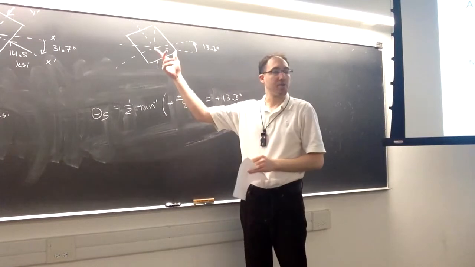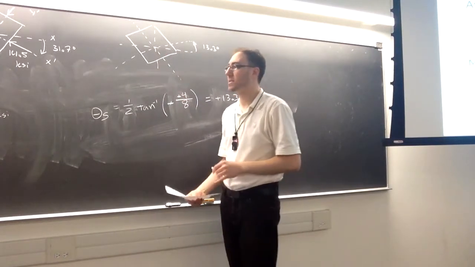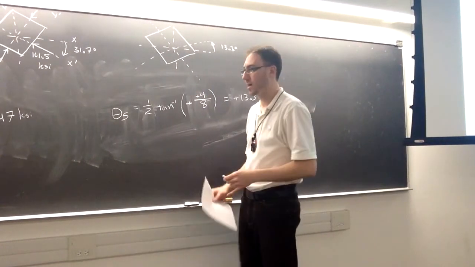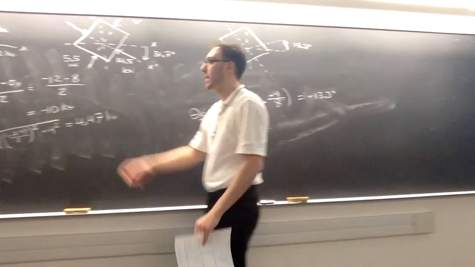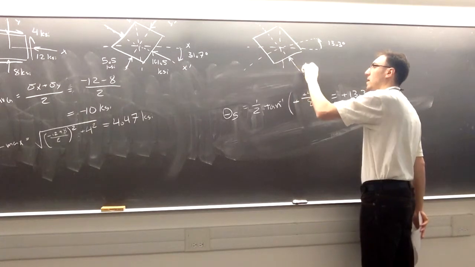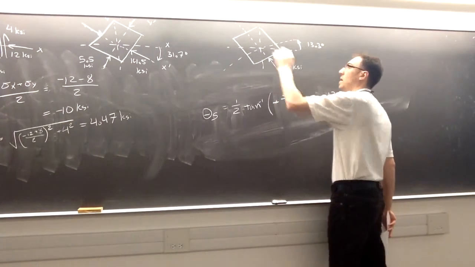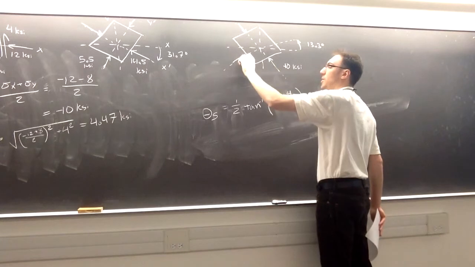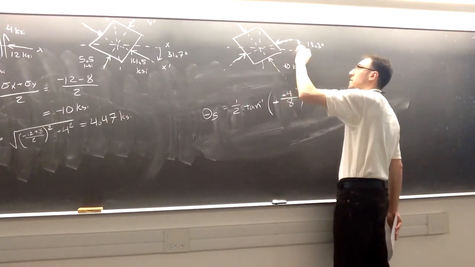And when I'm in the shear stress plane, every face has the same normal stress on it. In this case, it's the average stress, negative 10. So a compressive stress on both my x prime and y prime face.